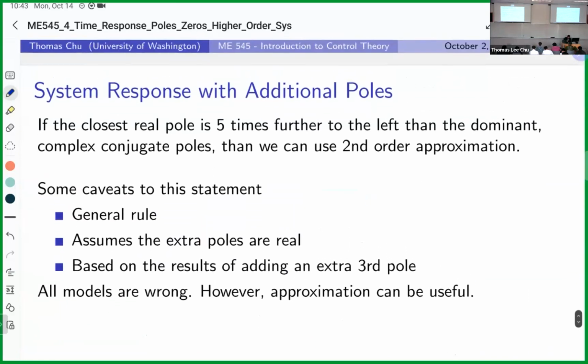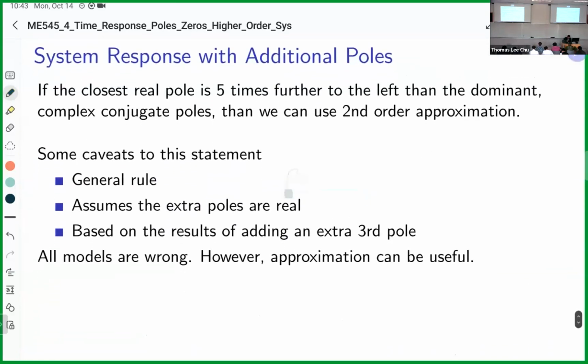So if we were to summarize that, let's say we have a pair of complex conjugate poles here, and this is distance A. And then we have our closest pole right here, and this distance is B. We want B to be 5 times greater than A for the second order approximation to hold.